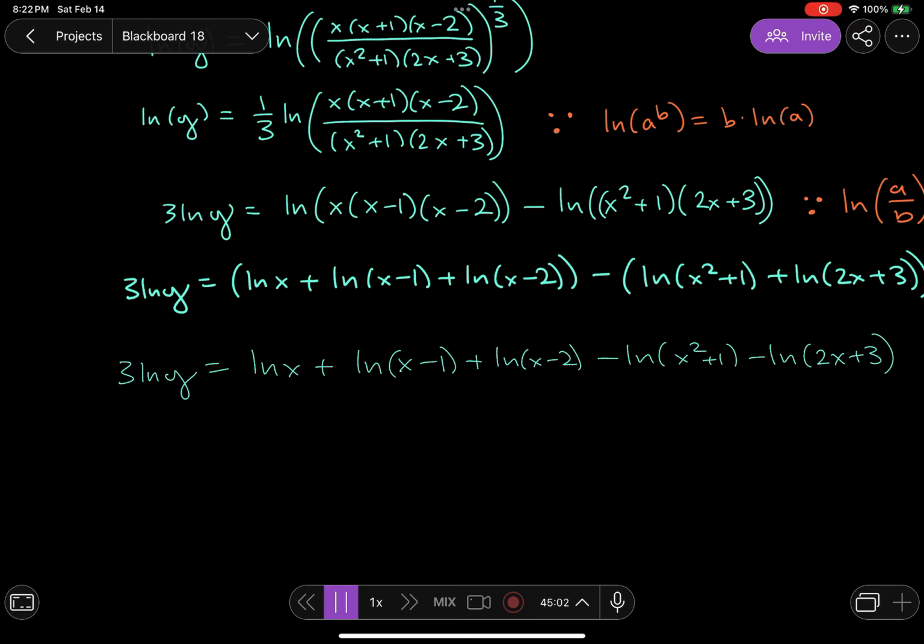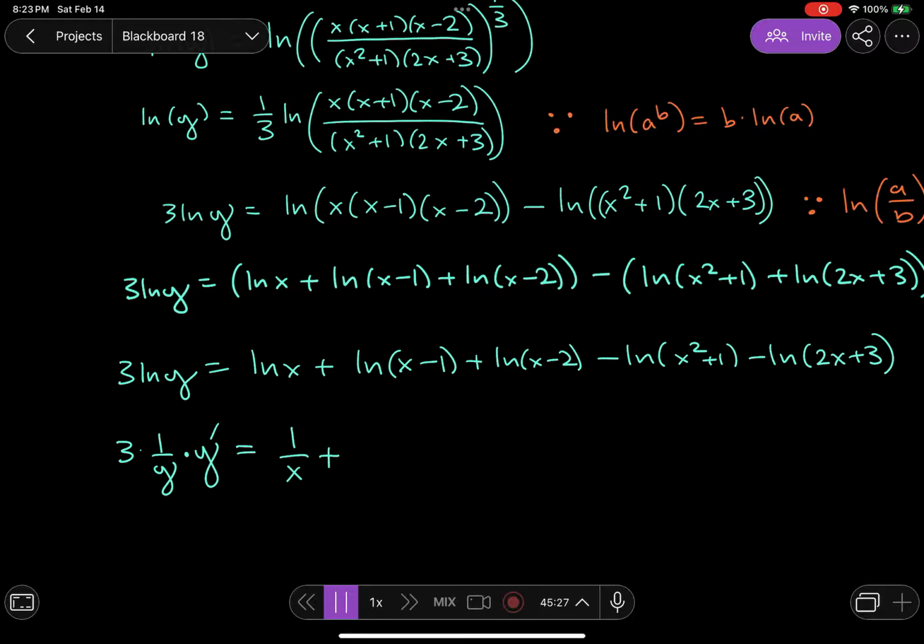Taking derivatives on both sides. On this side, I have 3 times 1 over y, because the derivative of the natural log of something is 1 over that thing, but then I have to multiply by the derivative of that thing. And then look at these. Each of these individually is not hard to take the derivative of. I have the natural log of x, and I already know what that one is. That's 1 over x.